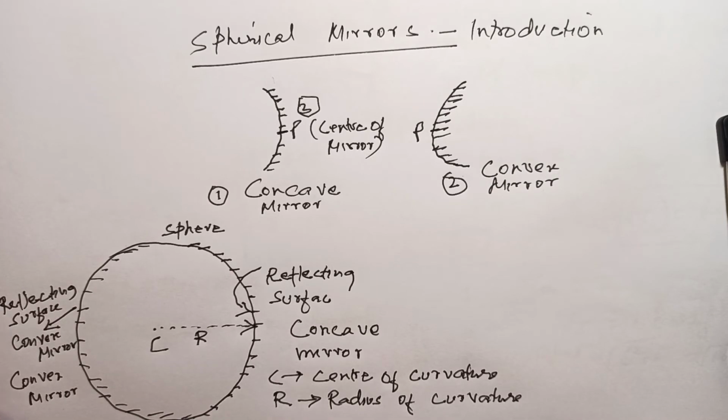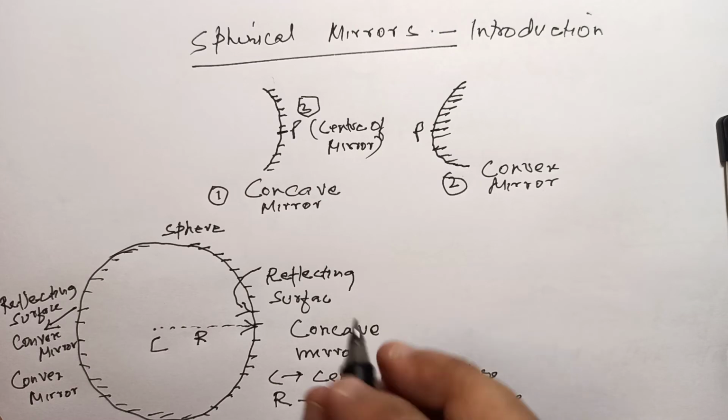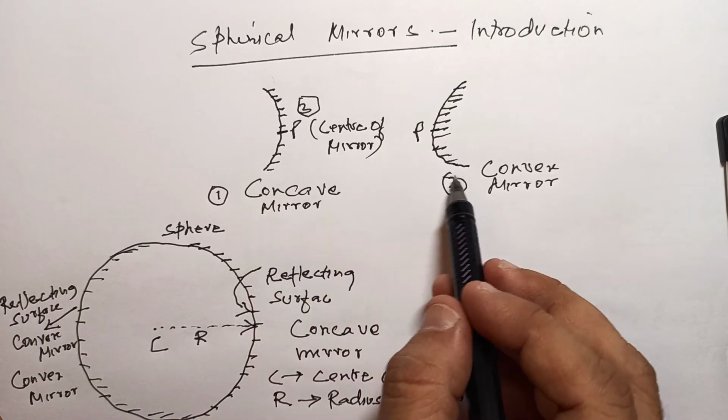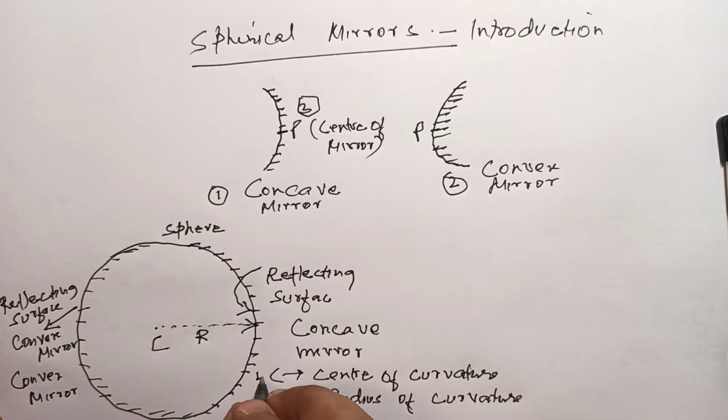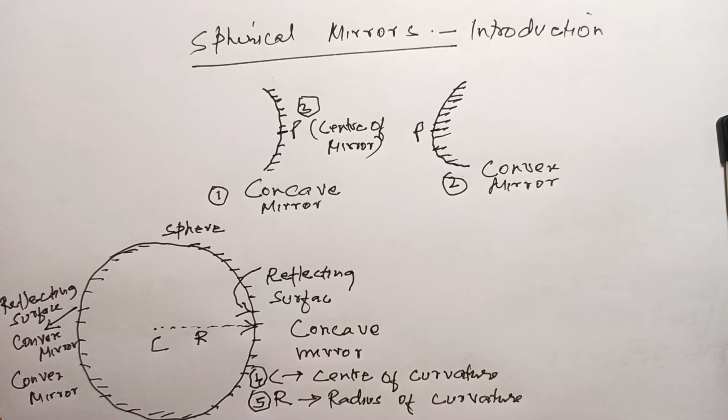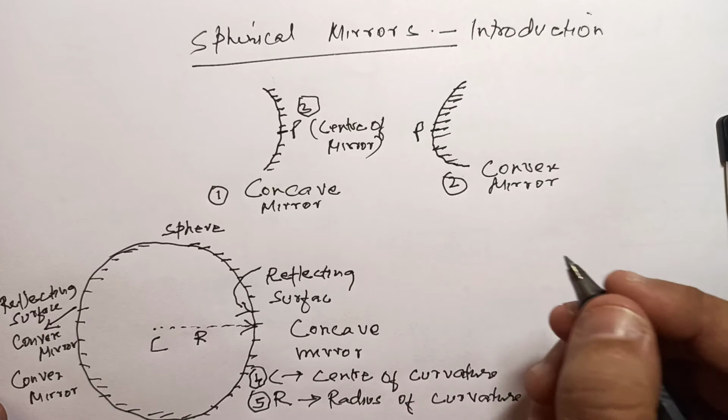So we did 1, 2, 3, and then we spoke about 4, 5, five things, and then let's come to the 6th.